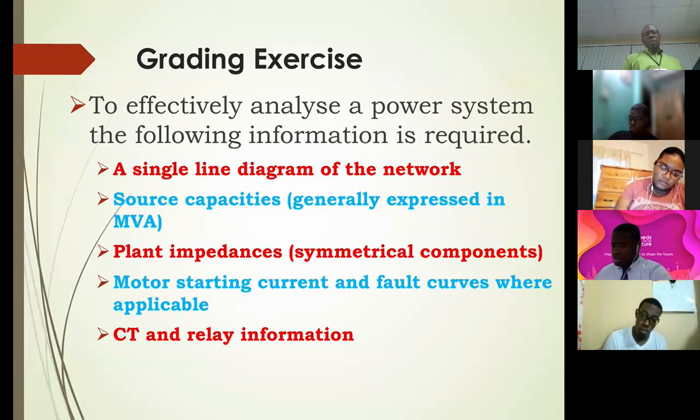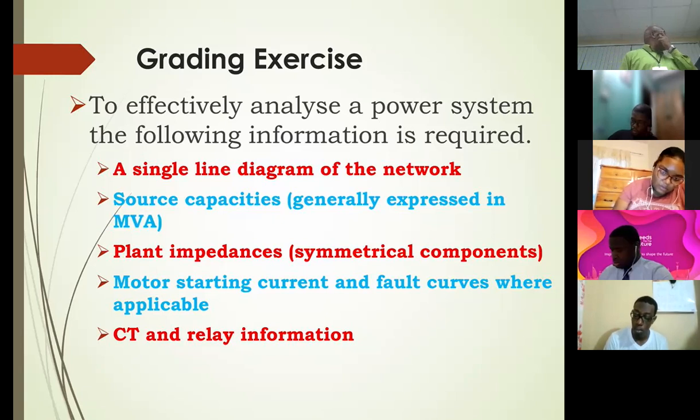Two, you must have the capacity of the source. What's the capacity of the source within the network? Thirdly, you want the symmetrical impedances, the plant impedances, symmetrical components.